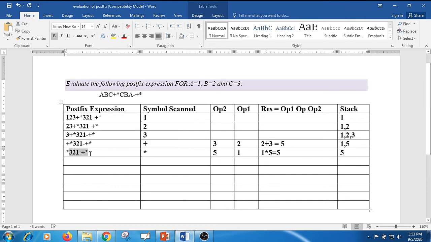The next elements to scan are 3, 2, 1, which are pending. I read the symbol 3 and directly push it onto the stack.